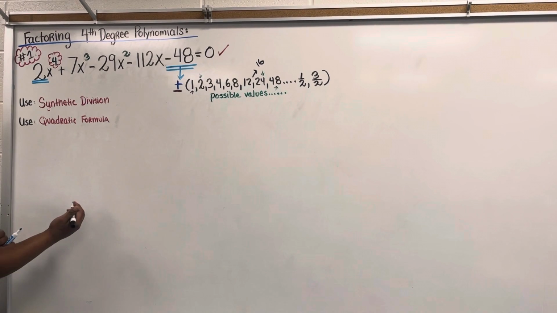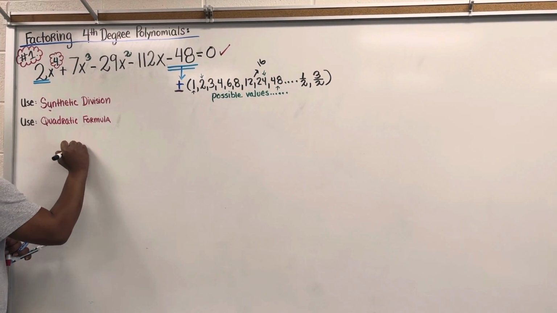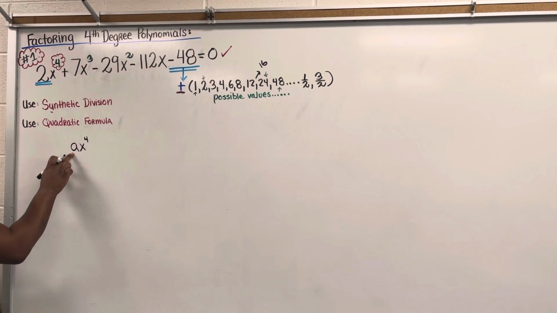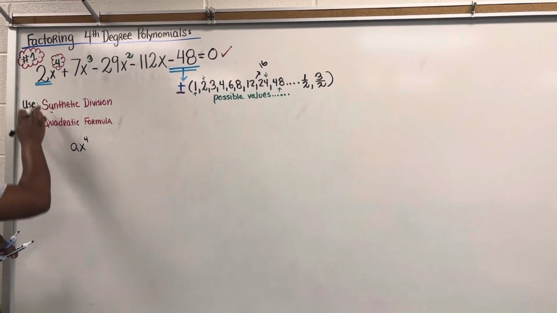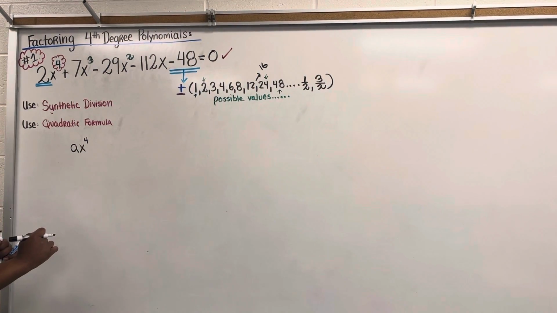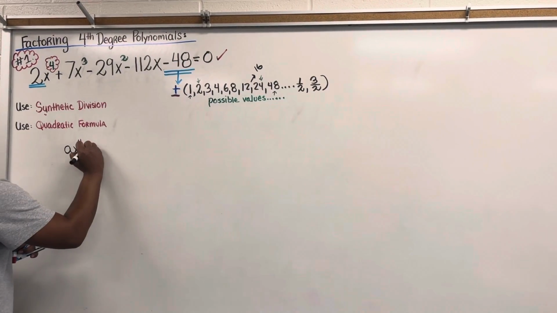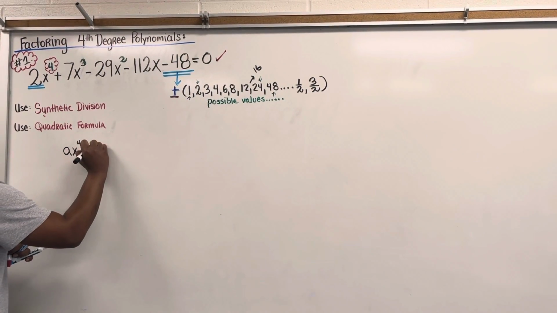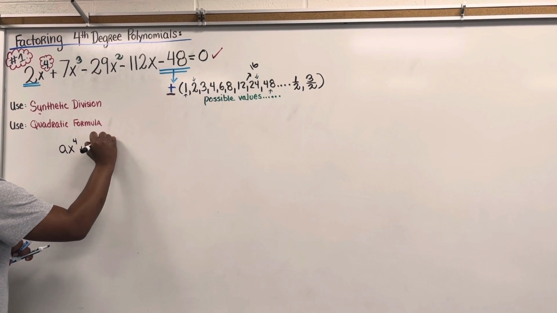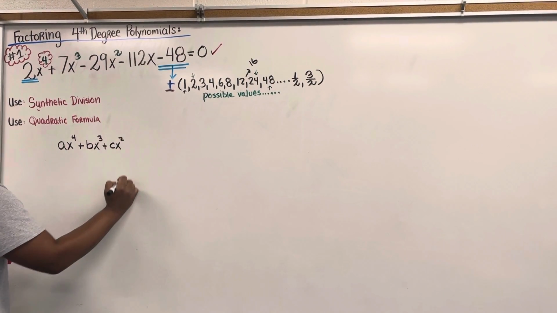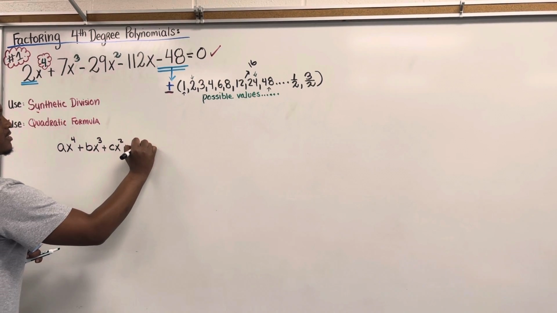So once again, a 4th degree polynomial is this. A times x to the 4th power, and once again, the letters only represent the coefficient values that you see, okay? I'm just writing it out as the parent function. A x to the 4th power plus b x to the 3rd power plus c x to the 2nd power plus d x to the 1st power.